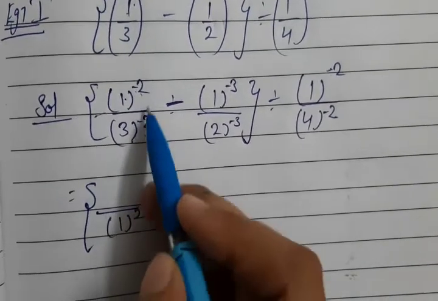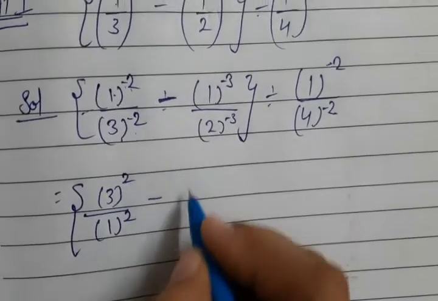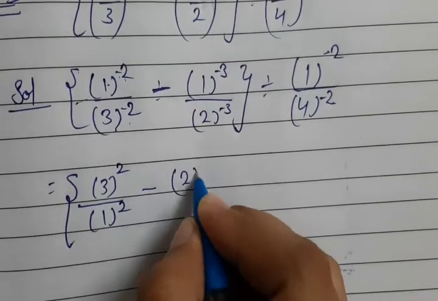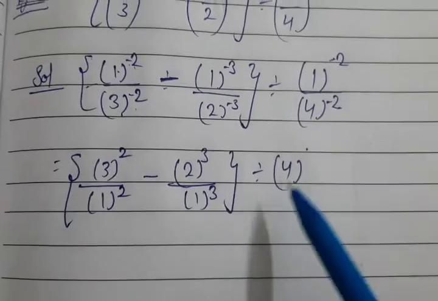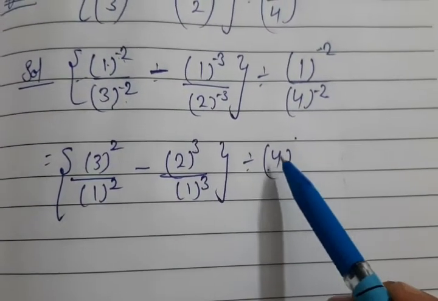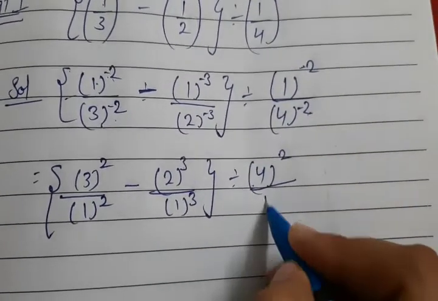To make this positive, that number will come on the denominator, the same as it is, 2 power 3 divided by 1 power 3. Similarly, to make this positive, it goes upward.